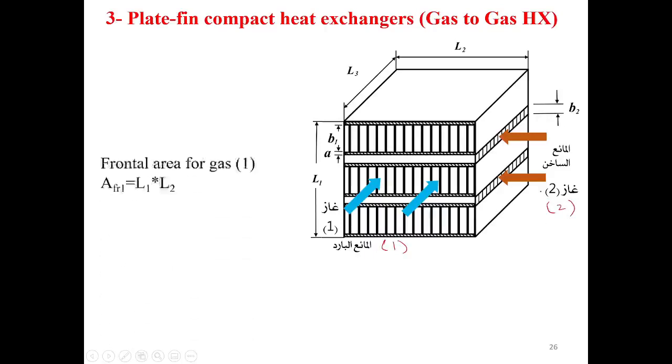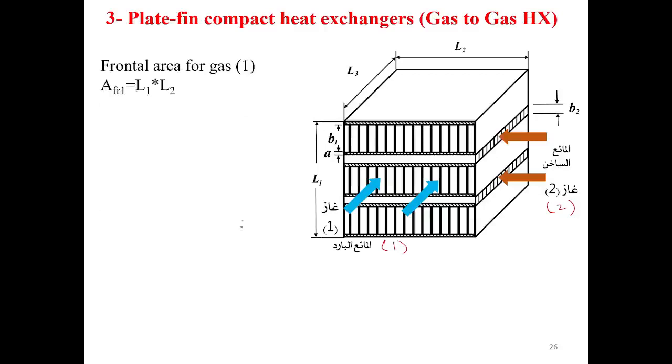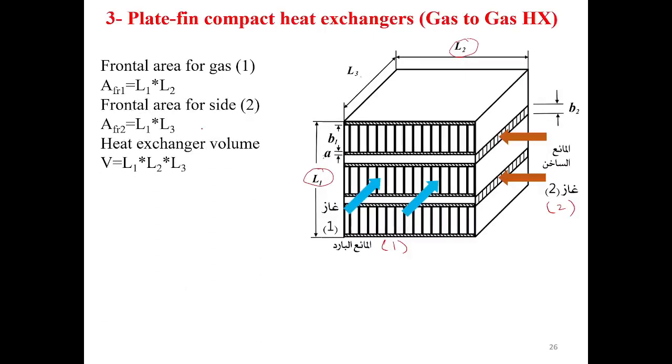Now you can find the frontal area for side 1, which is L1 times L2, and the frontal area for side 2 is L3 times L1. That's why the common edge, as they call it, is L1, because it appears in the frontal area for side 1 and in the frontal area of side 2. The volume, as I said before, is the multiplication of L1, L2, L3.